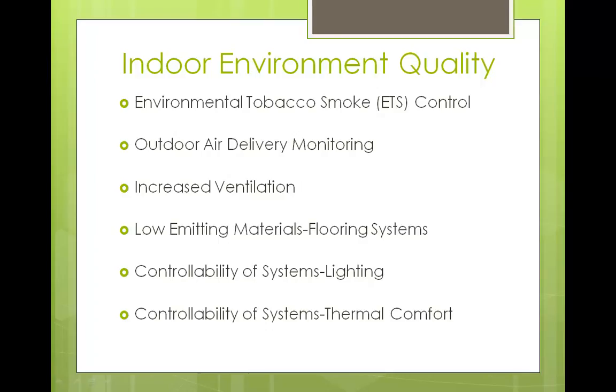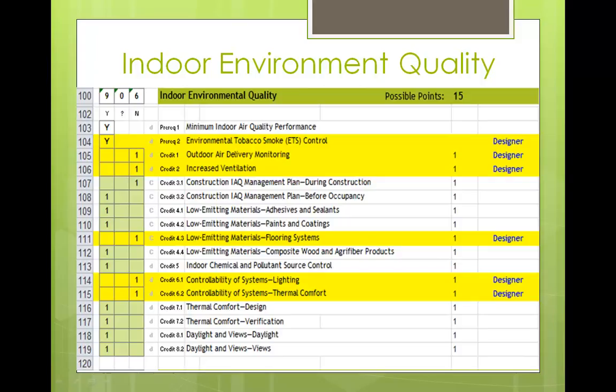The Lambda Chi House does meet these requirements because it's non-smoking, as are all University of Alabama buildings. The Outdoor Air Delivery Monitoring system is intended to promote occupant comfort. Unfortunately, the Lambda Chi House didn't include this in their air ventilation system, therefore making themselves ineligible for this credit.